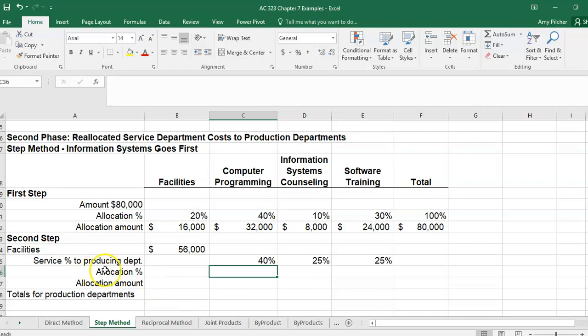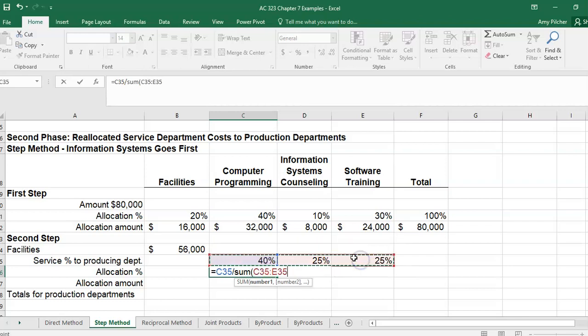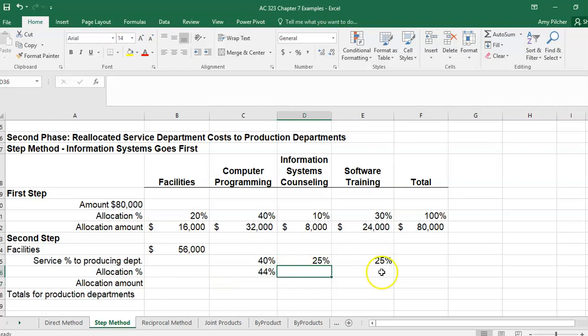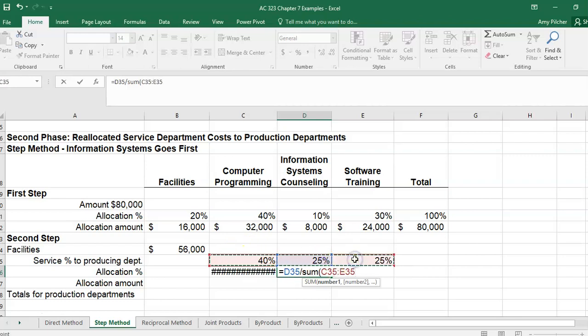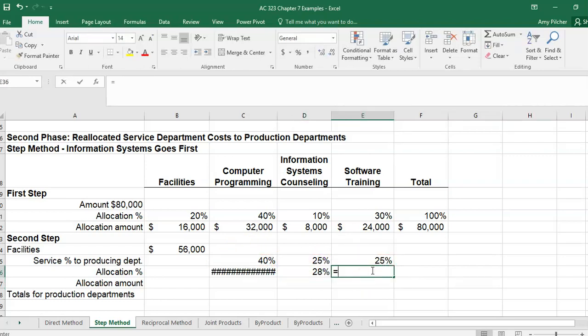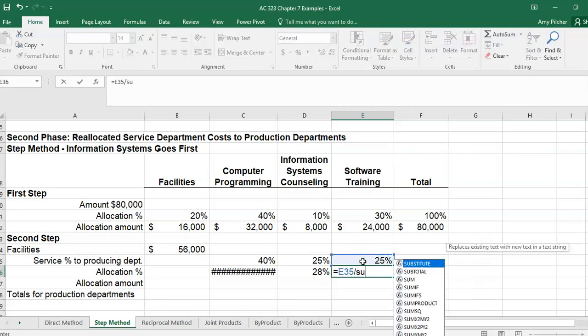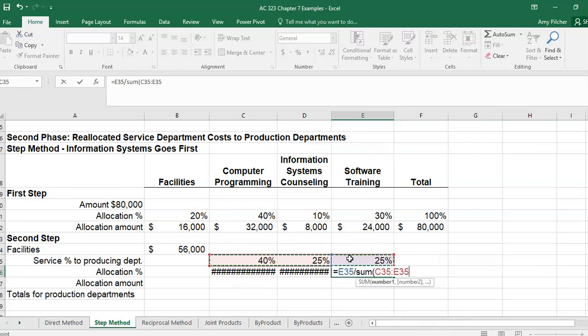Now we proceed just like we did with the direct method, where we need the allocation amount, which is the 40% divided by the sum of all the department usage, 25% divided by the sum of all of the usage, and 25% divided by the sum of all 3 departments.